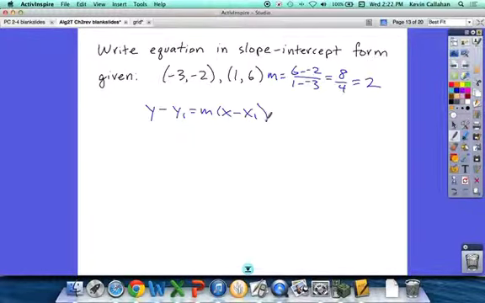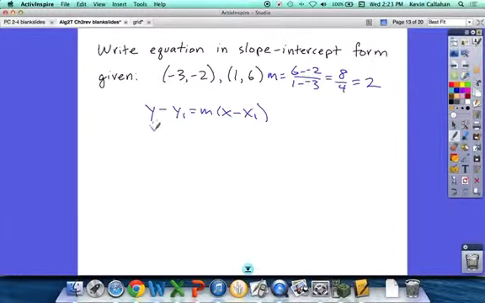Okay, so we've got the slope. That is unambiguous. Which point do we use? Does not matter, right? But depending on which one you plug in, it would look different at this point. But the question says write it in slope-intercept form. So you're going to plug it into this and solve for y. So no matter which point you use, when you solve for y, it's the same thing. So I'm going to use the (1, 6) because that looks a little easier.